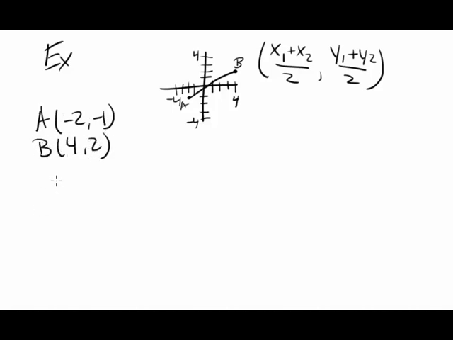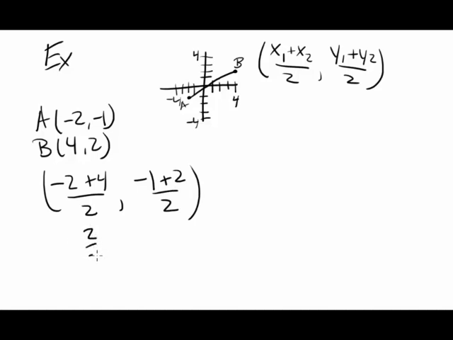So plugging in, we are going to get (-2 plus 4) over 2, comma, (-1 plus 2) over 2. And this is going to simplify to 2 over 2, comma, 1/2. And even furthermore, simplify to 1, 1/2. And this right here is going to be our midpoint.